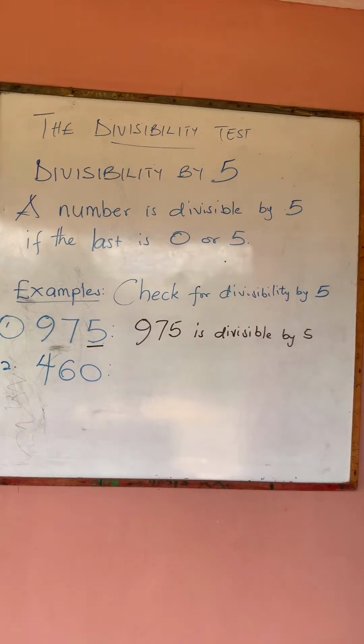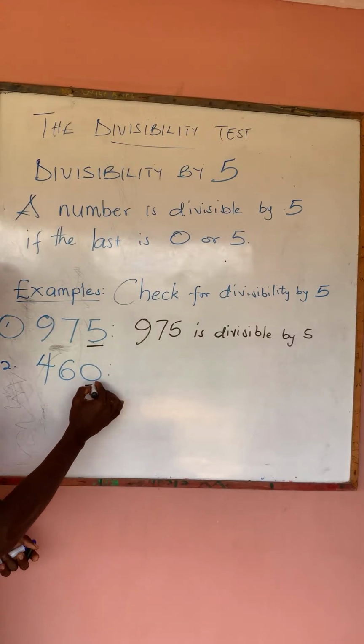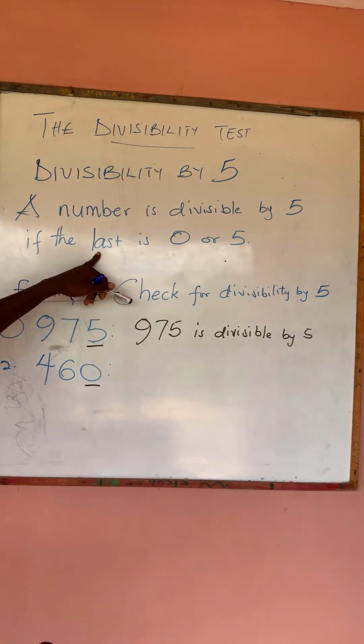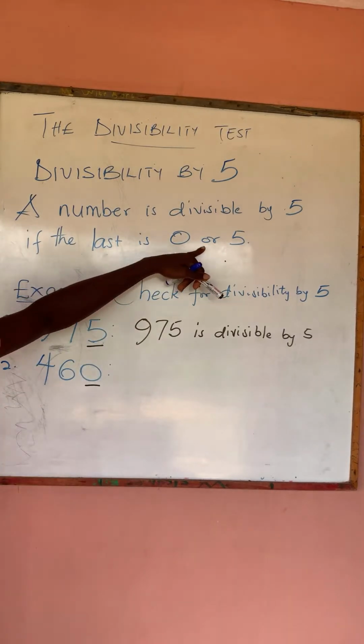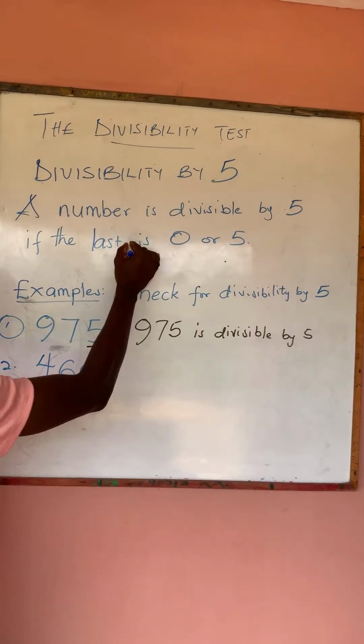Alright, so let's find the solution. Now, the last digit of 460 is 0. And it meets the condition for divisibility by 5, since the last digit should be 0 or 5.